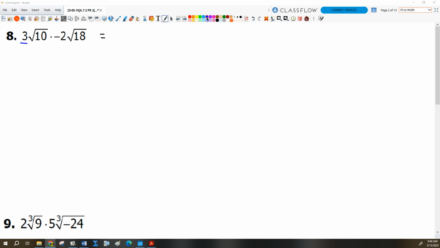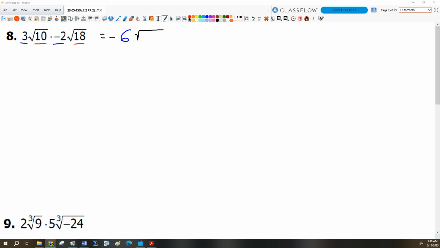I've got the outside numbers 3 and -2. So what's that going to give me? The outside number, -6. I've got the inside numbers 10 and 18. So what's that going to give me? 180 inside, right?